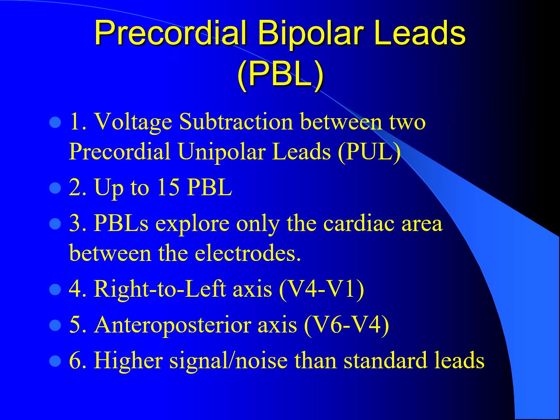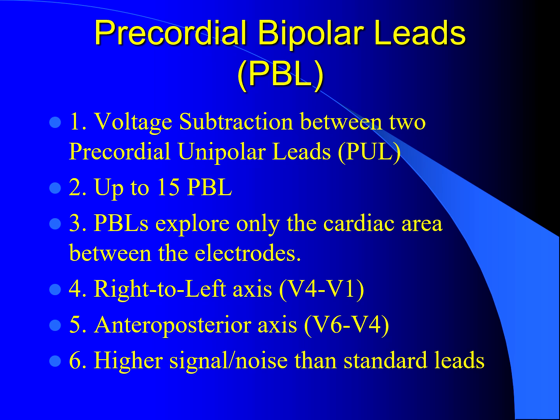Precordial bipolar leads, PBL. This method is based on a simple subtraction of voltages of two classical unipolar precordial leads. This subtraction results in an electrical vector directed from one electrode to the other, creating an axis perpendicular to the one represented by the primitive precordial unipolar leads.